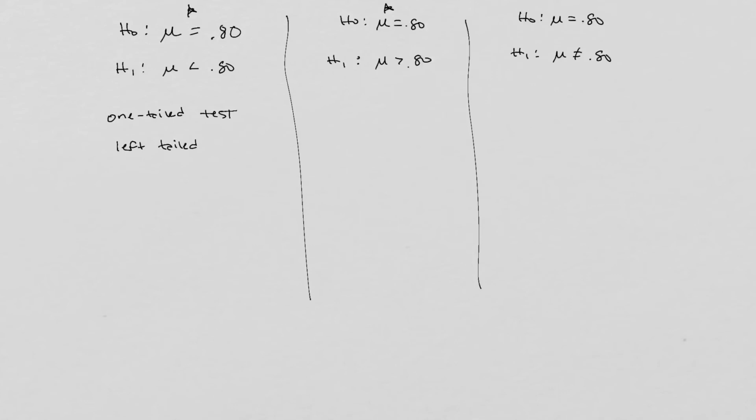If we think the mean should be bigger, we call that a right-tailed one-sided test. For the third case, we think it's either bigger or smaller, we don't care, so we're covering both sides. This is called a two-tailed hypothesis test.